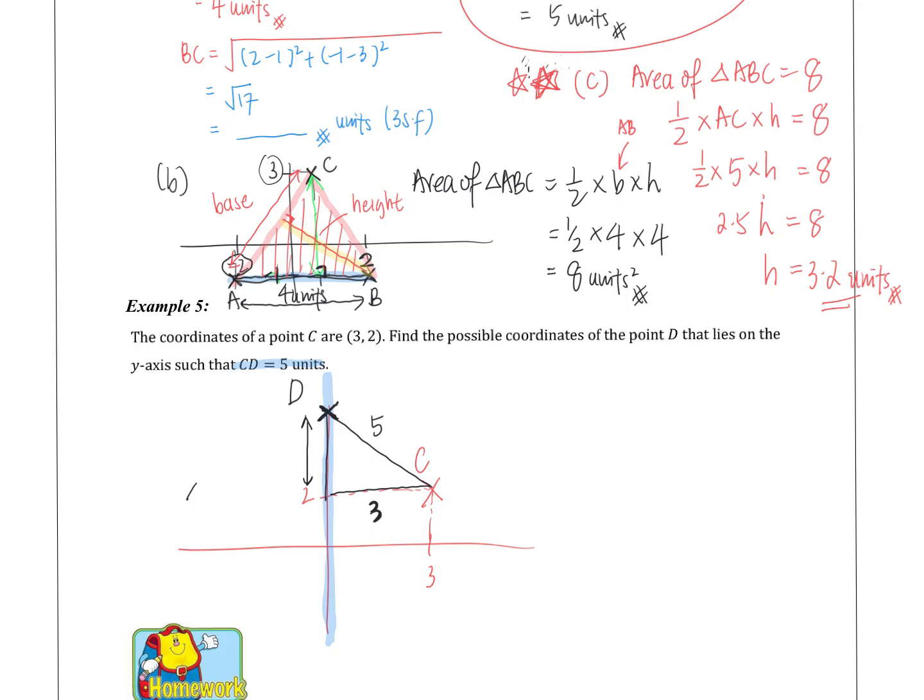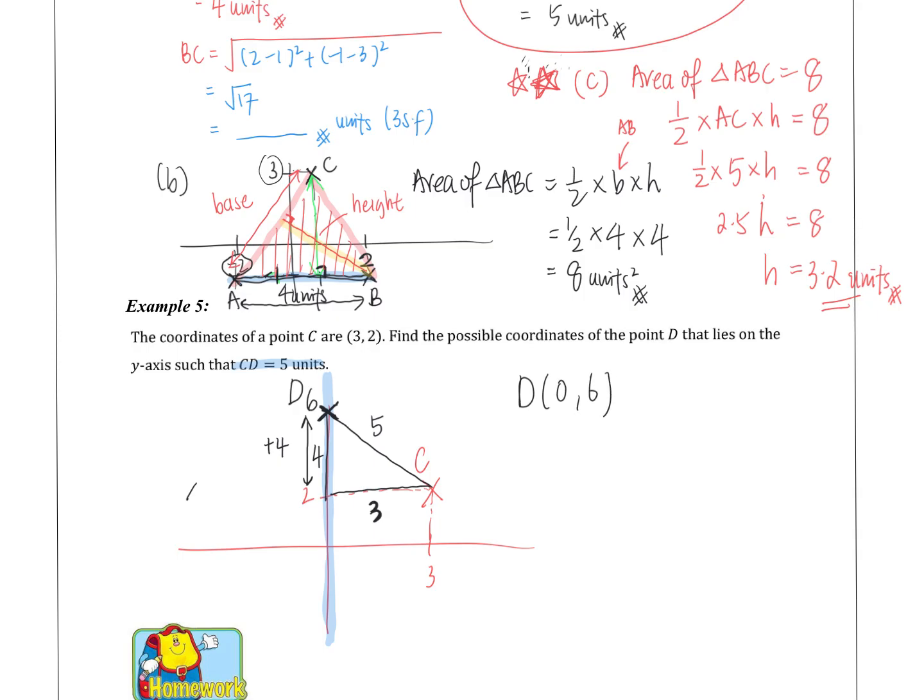Do you all remember the Pythagorean triplet? Yes, 4 units away. So you plus 4 units, this must be at 6. We can just do that, because 3, 4, 5 is a Pythagorean triplet. Okay, so in this case, D must be (0, 6).